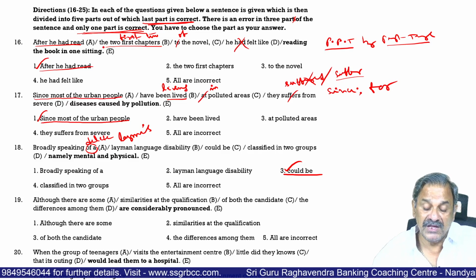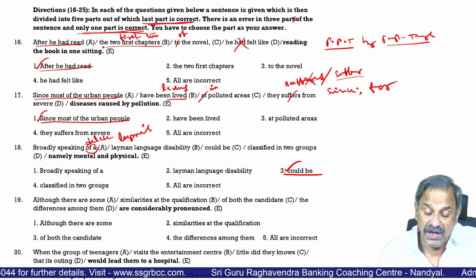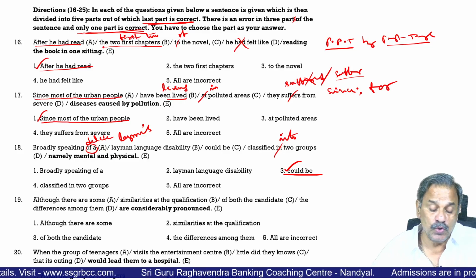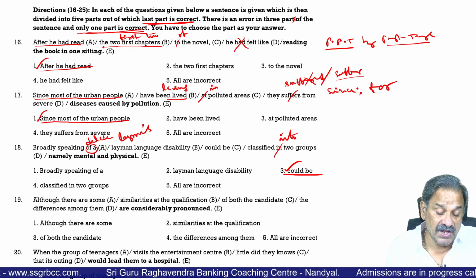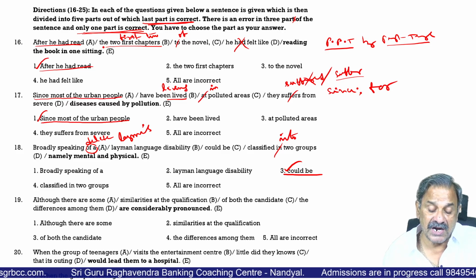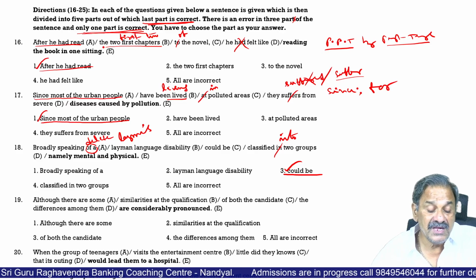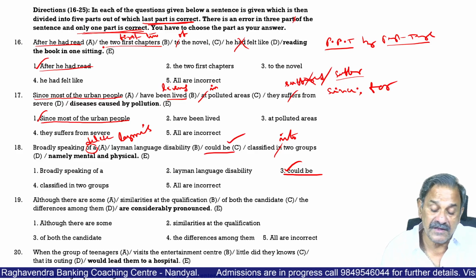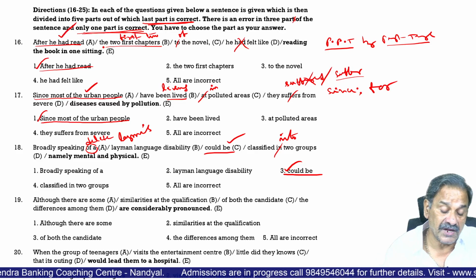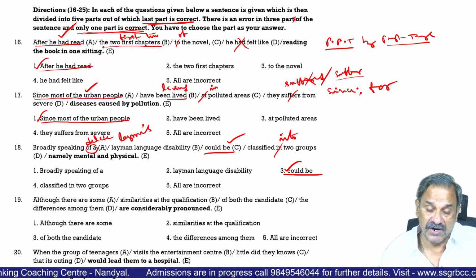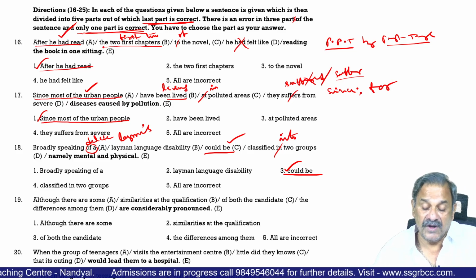Layman's language, disability could be classified into two groups. So errors are in the first, second and fourth parts. Third part is flaw free.